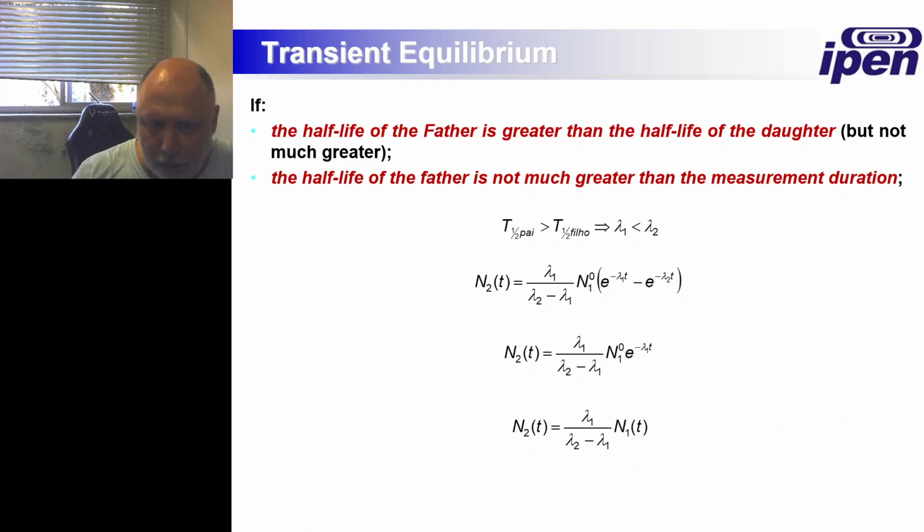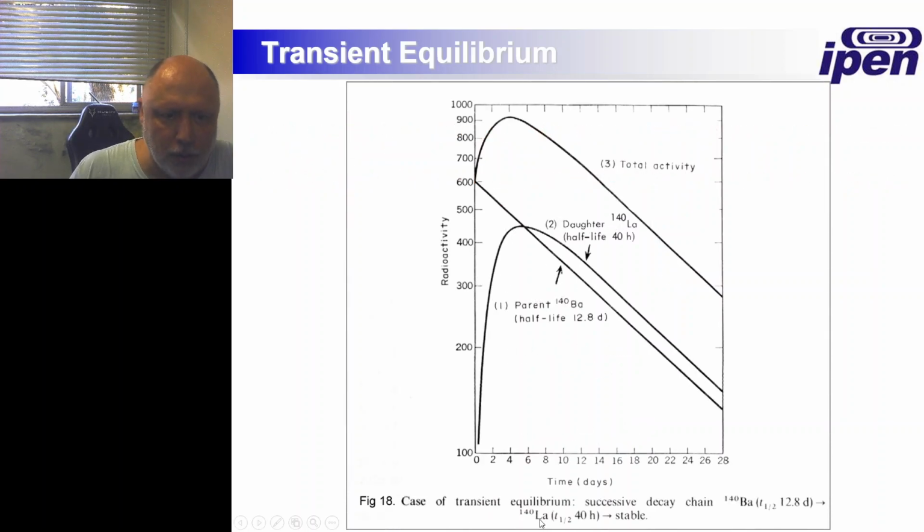So once again, if I measured the activity of lanthanum 140 without taking the care of eliminating barium, I would be under the impression that the half-life of lanthanum 140 is 13 days, not 40 hours, because it's decaying with the half-life of the father, right?